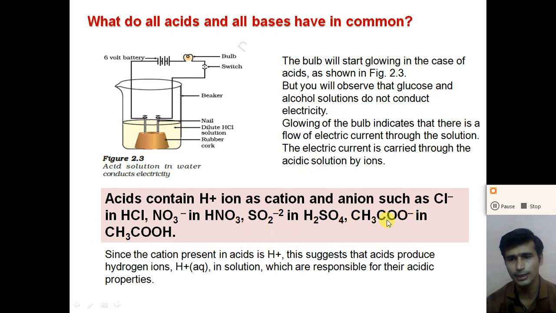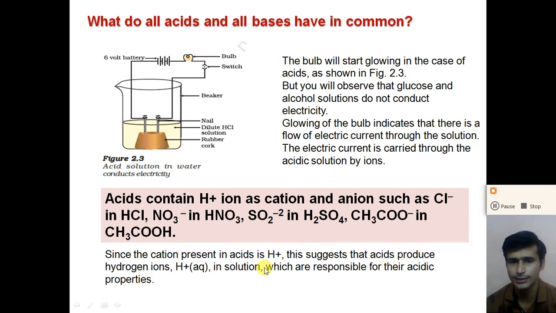So all acids contain the H+ hydrogen ion. Since the cation present in acid is H+, this suggests that the acid produces hydrogen ions, H+, in the aqueous solution. In the water solution, it produces the H+ ions which are responsible for the acidic property.